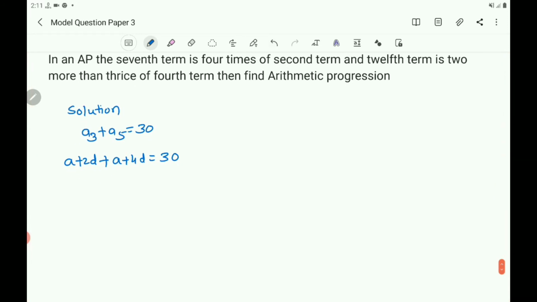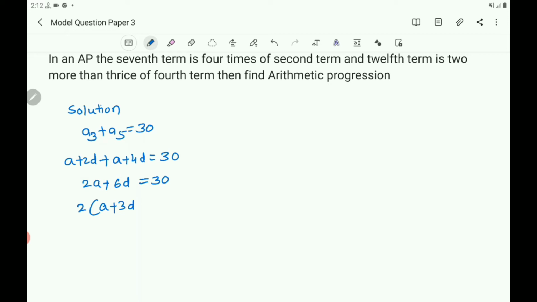Then A plus A is 2A, plus 2D plus 4D is 6D, equals 30. Then you can take 2 common. In the bracket you are going to get A plus 3D.